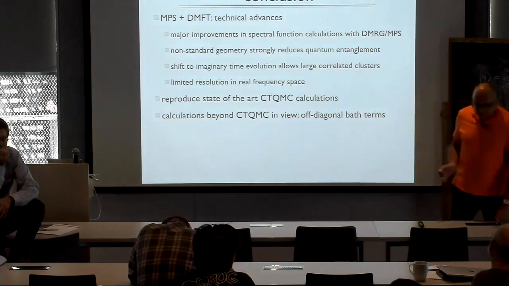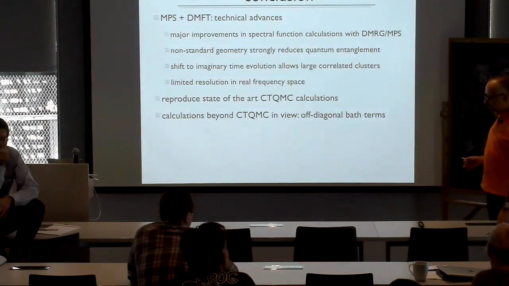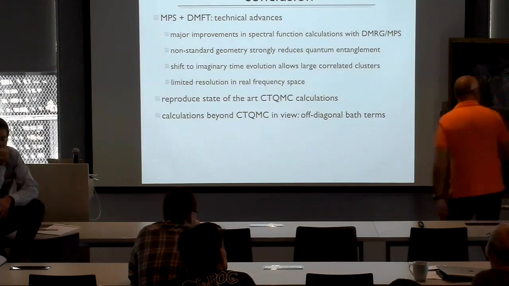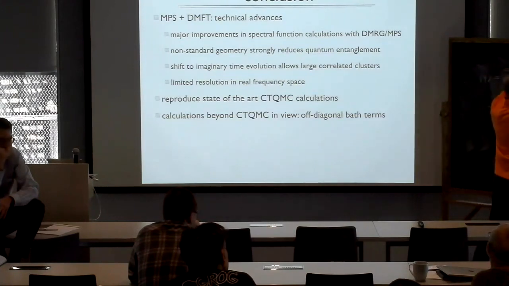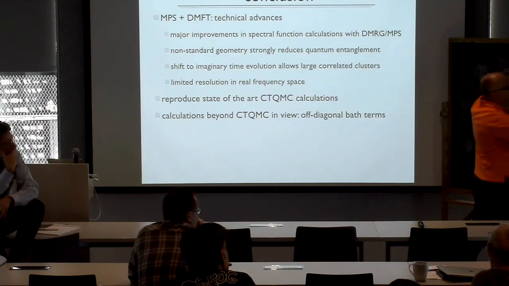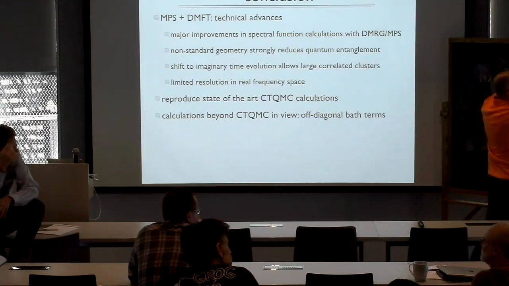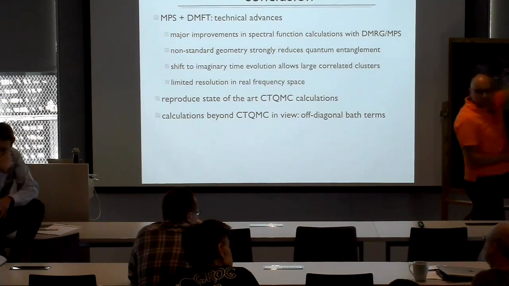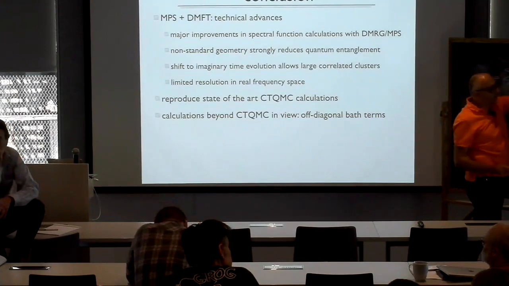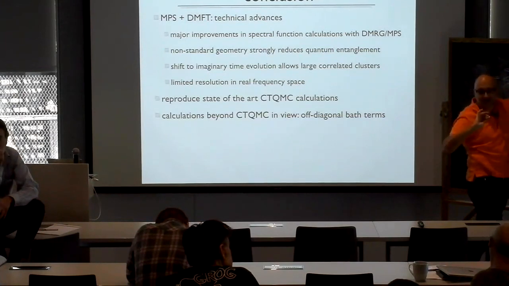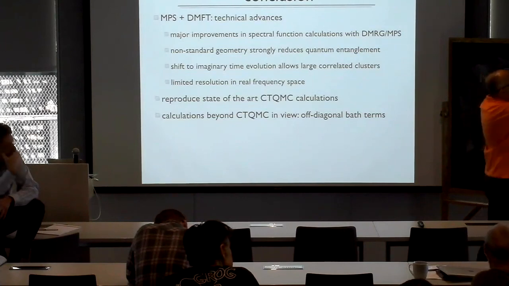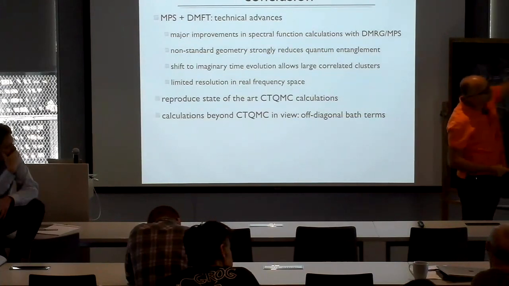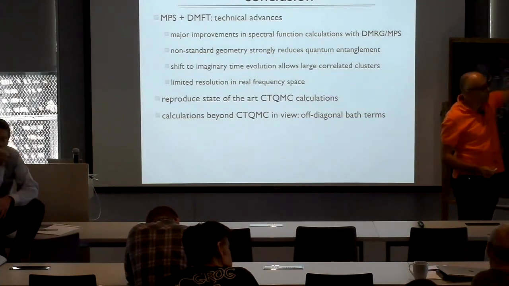Because you have a method which calculates everything very precisely, but as I showed, you have this Green's function which looks like this, but if your algorithm gives you these precise values at discrete points, to an accuracy of whatever, 10 to the minus 7, 10 to the minus 8, which you have never seen in CTQMC in that quality, it doesn't really help, because let me draw this exaggeratedly, you then have to interpolate between here and there, and what do you do there?